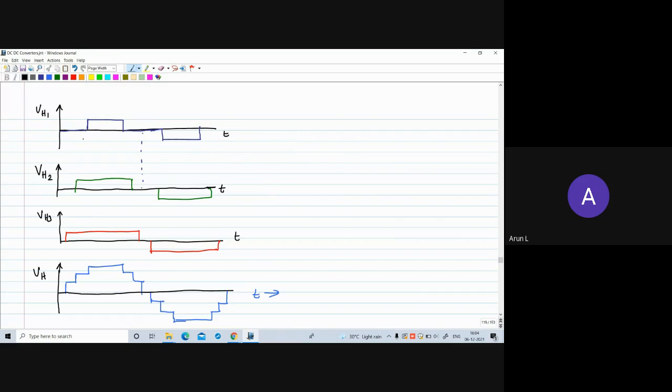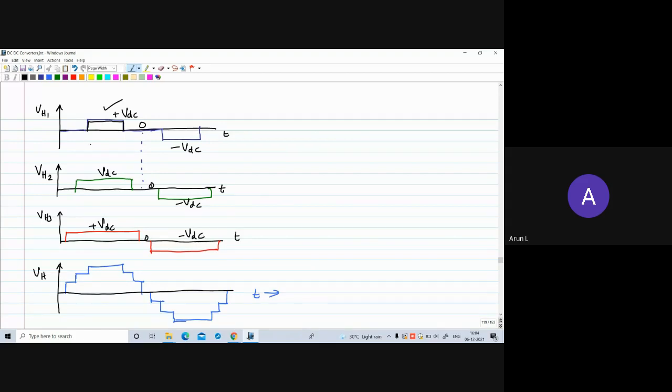So this is one example. Suppose the output voltage of VH1 is this. Sorry, it has three levels: plus VDC, 0, minus VDC. Here also VH2 has three levels: plus VDC, 0, minus VDC. And VH3 has three levels: plus VDC, 0, and minus VDC.